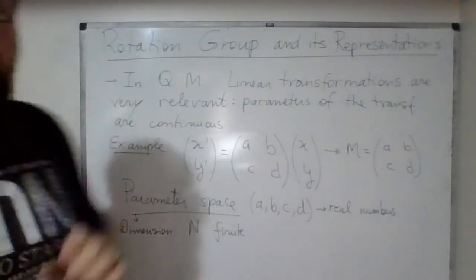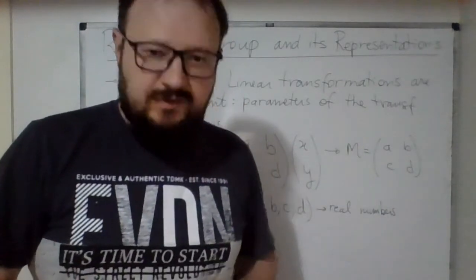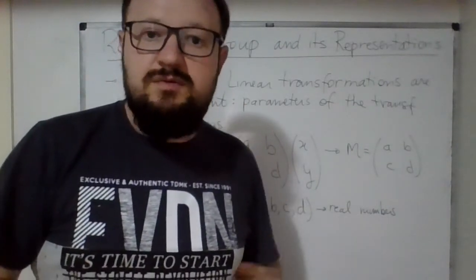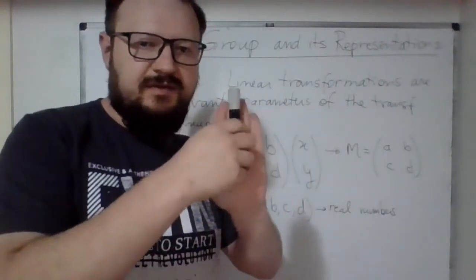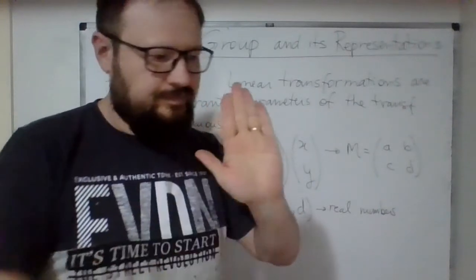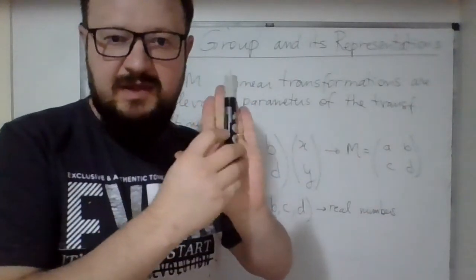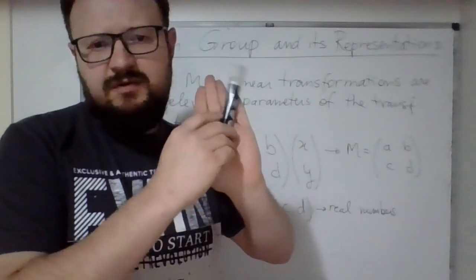To give another concrete example, suppose a rotation in the plane. If you rotate an object in just two dimensions, your parameter space is one-dimensional because you need only the rotation angle.